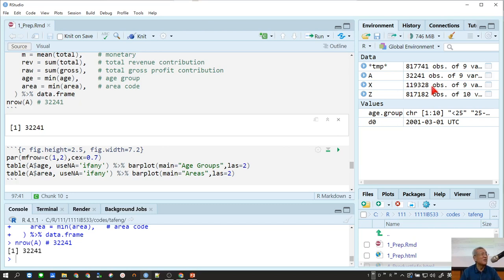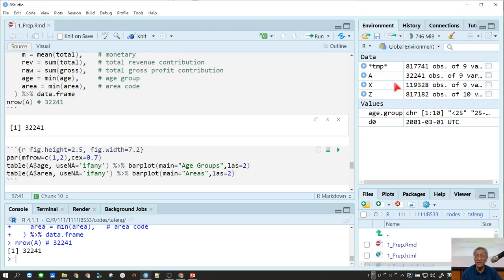In X, what does a record represent? Z represents the item, right? And X, what does the record of X represent? It represents a transaction, right? A transaction.